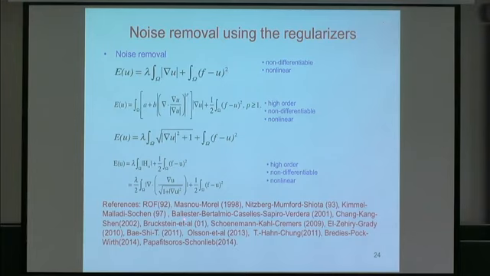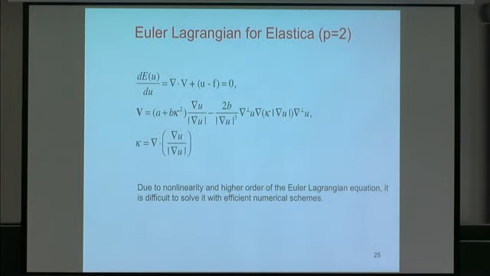Here I'm listing only a number of people. I think this is just a small portion of the people who have been working on this, and there are many more. As Songhua said yesterday, nearly everyone sitting here may have been working with the Elastica somehow. And also Antonin gave a very good talk earlier, which I think is somehow related to this one.